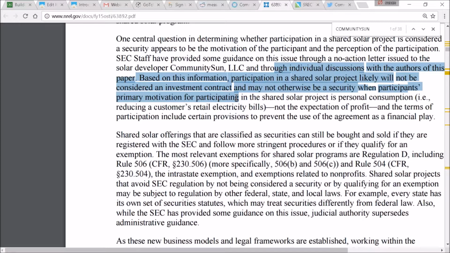And for all those reasons, the SEC has said, this is not an investment vehicle. This is more like something fun that people are buying, so we're not going to regulate it as a security.